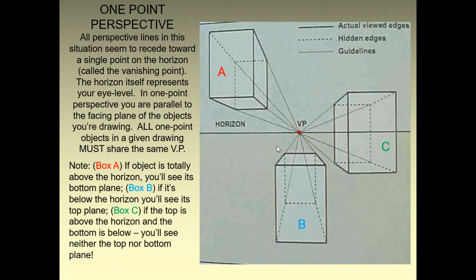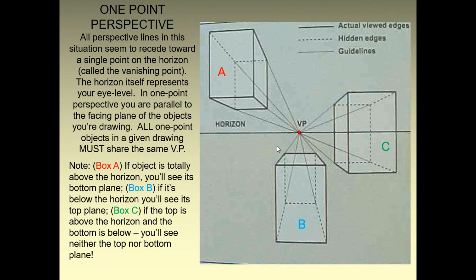Your relationship to objects with straight edges also will play into how perspective works, where you are in relation with how your eye perceives those things in space. So if I'm facing straight ahead at some boxes, I am parallel to the plane of the face of each of those boxes.